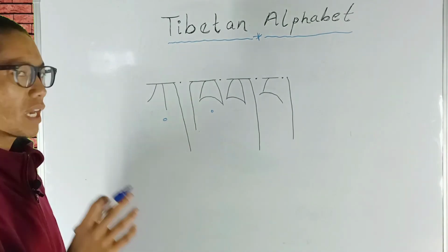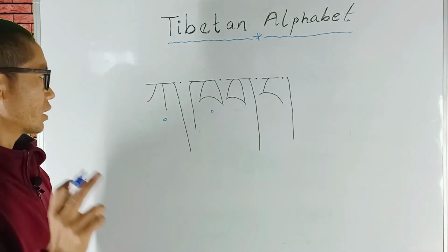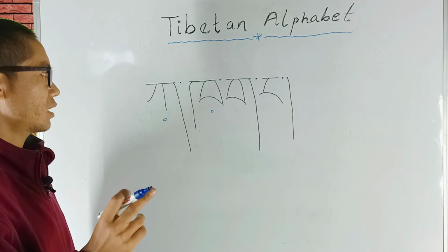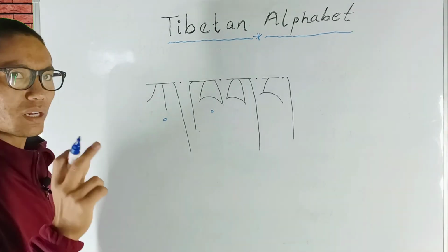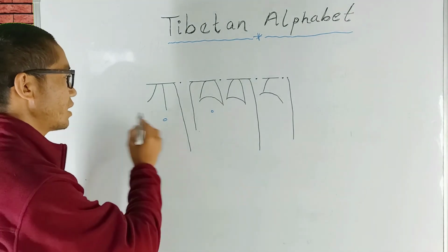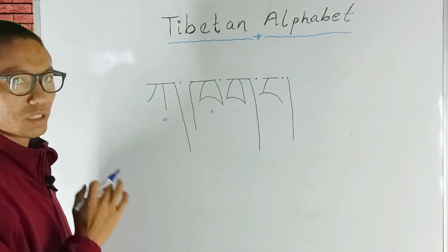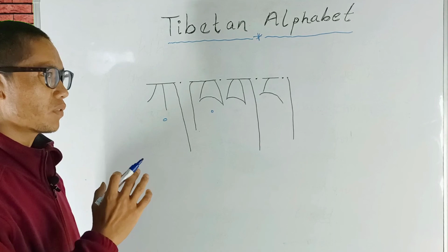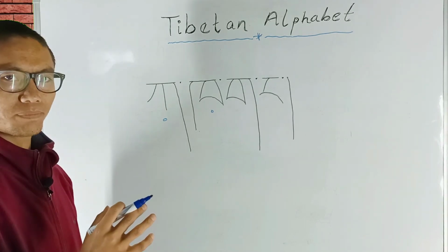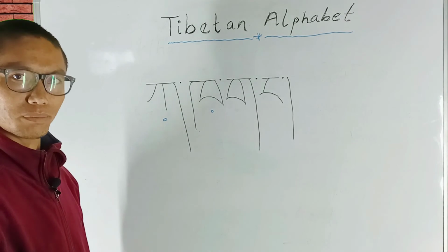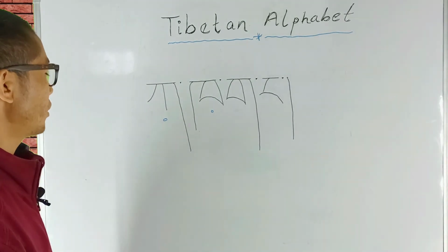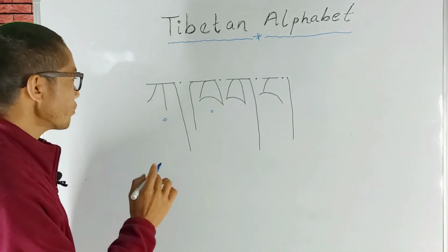As I learned English, I realized that in American or British English, they are not using the Ka sound commonly. So I thought teaching Tibetan to them is going to be a little challenging, but it's all right. We will learn.